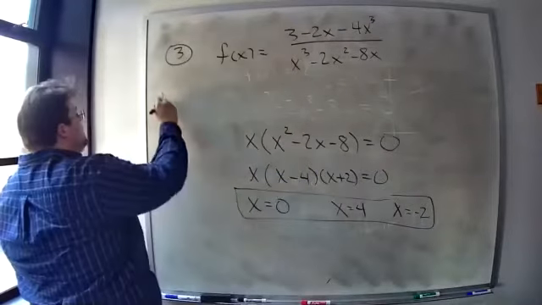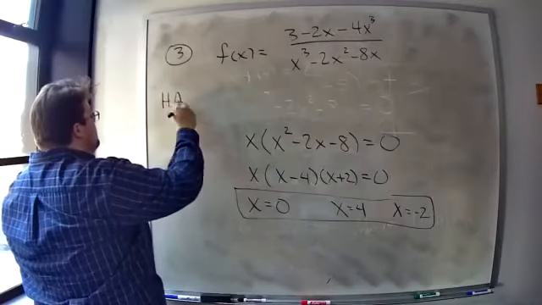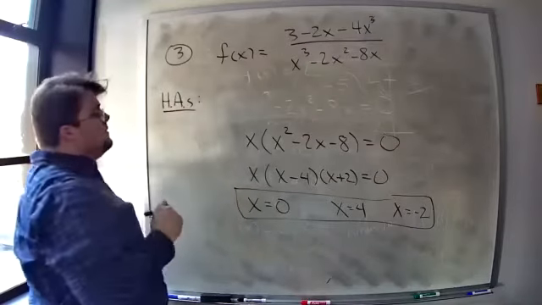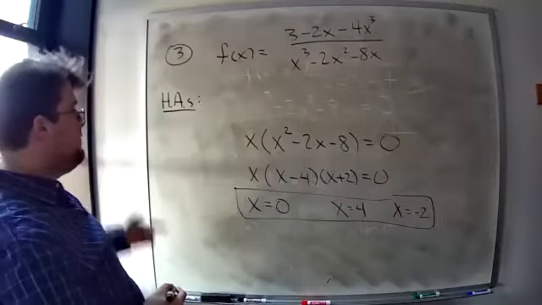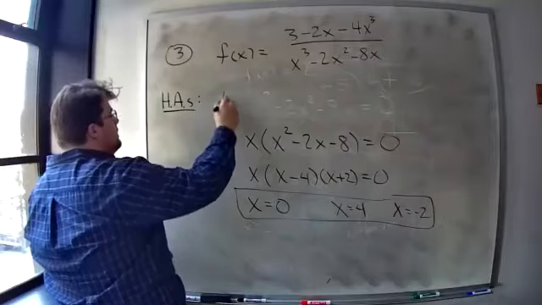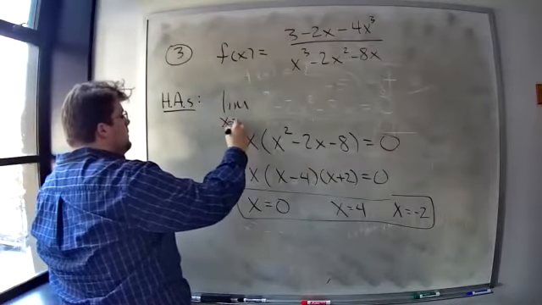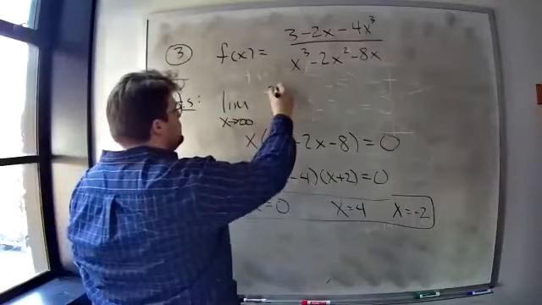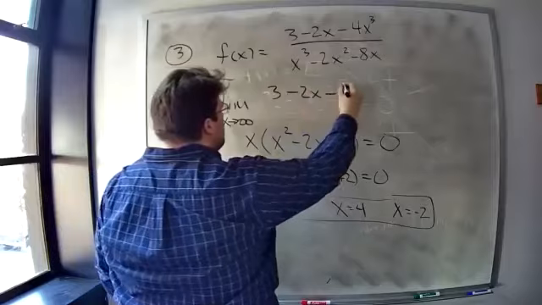Okay. Now, horizontal asymptotes, remember, a horizontal asymptote can occur as x goes to positive infinity or as x goes to negative infinity. So let's first do the limit as x goes to positive infinity.